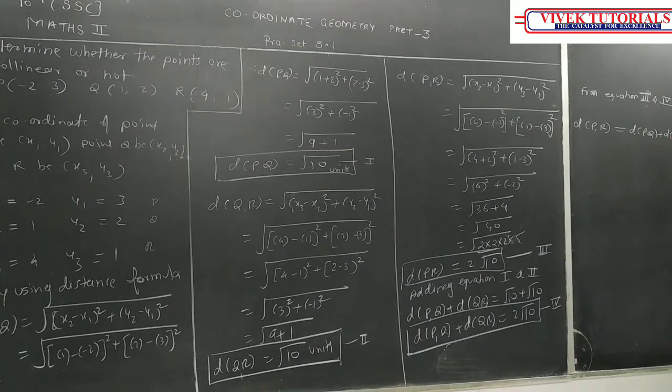As they are equal, what I can say then, points P, Q and R are collinear. So this we are going to write.